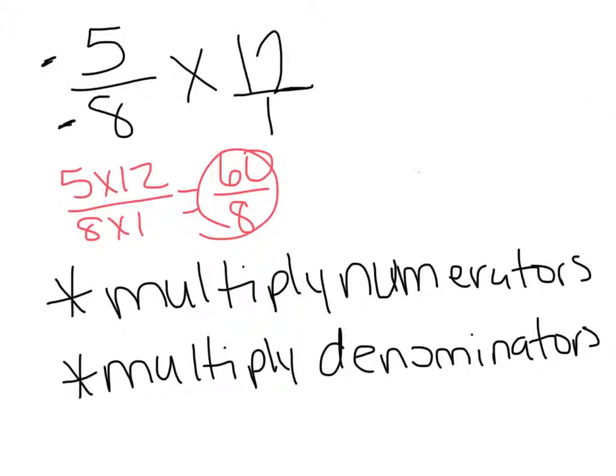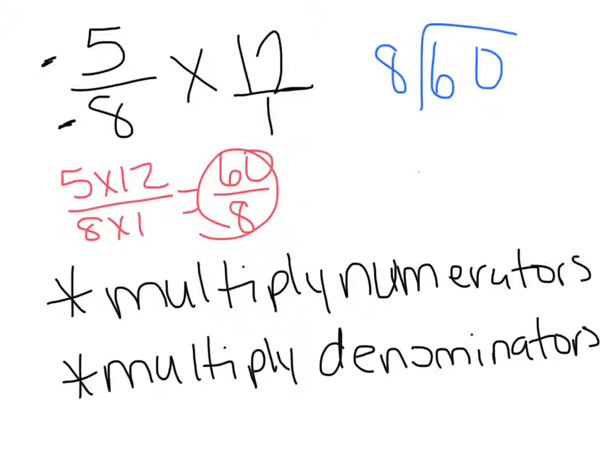Okay, so we know 60 divided by 8 is what that really says also. Sorry, my pen's not working. All right, so here we go. We got 60 divided by 8, and we are going to divide normally. So how many times can 8 go into 60?